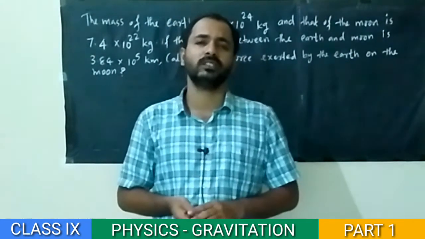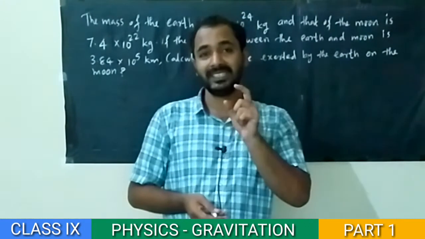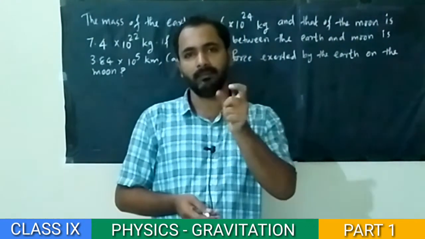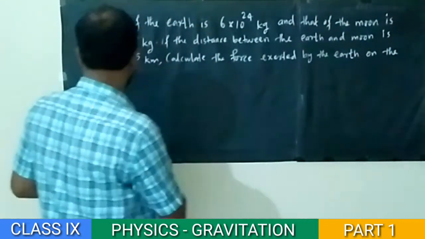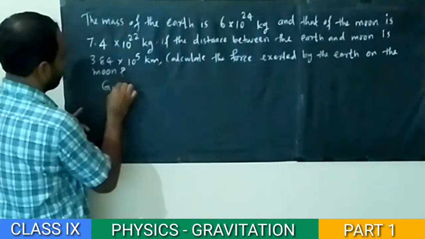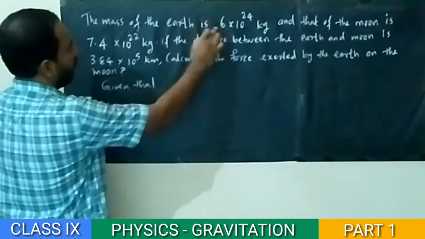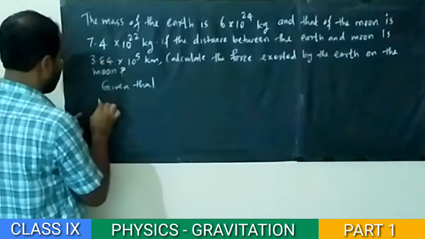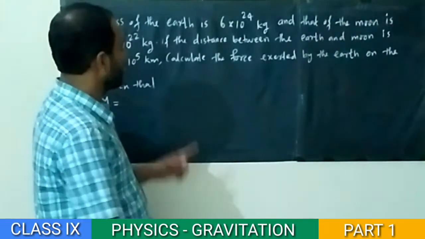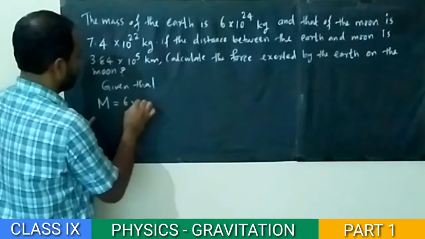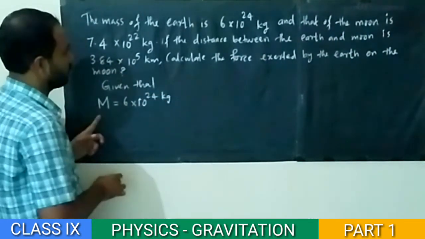So we can find the gravitational force between the earth and the moon. What is the equation to find the gravitational force? F = G M m / d². First we write the given data. Mass of the earth, capital M, is 6 × 10^24 kg.